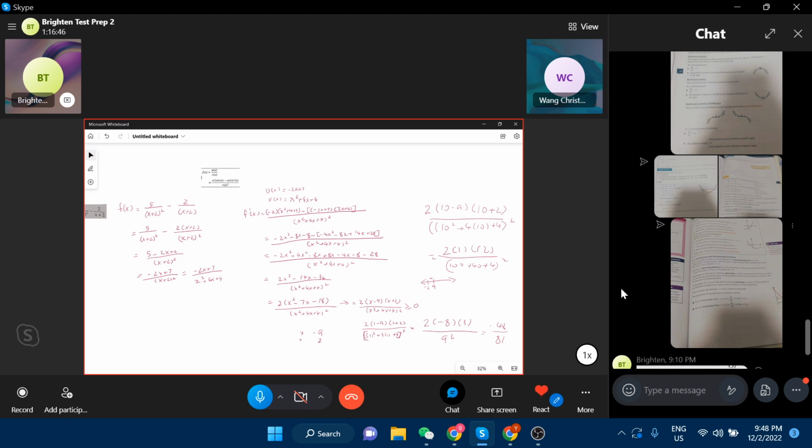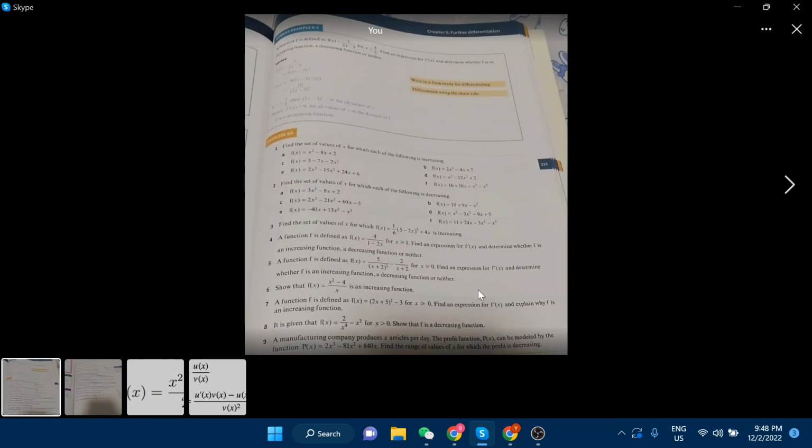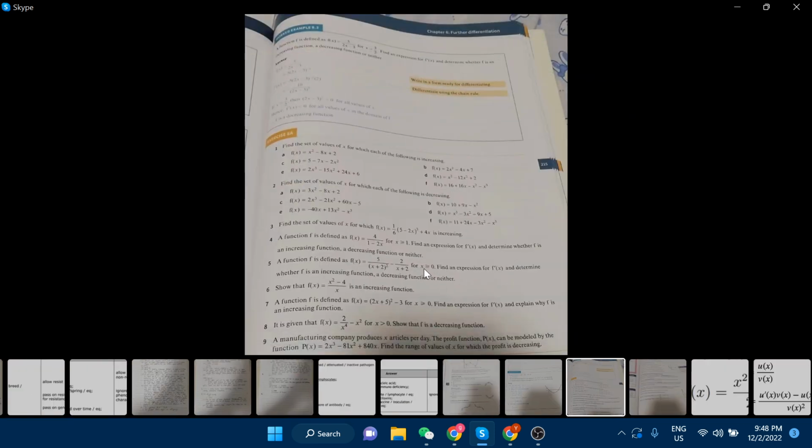So here, for the actual question, it says for x is bigger or equal to 0. So I think we just have to express the dy/dx and then apply the value. So I got the answer neither.